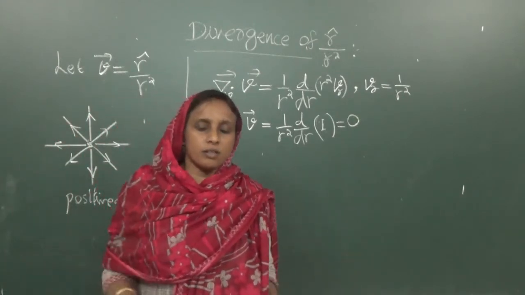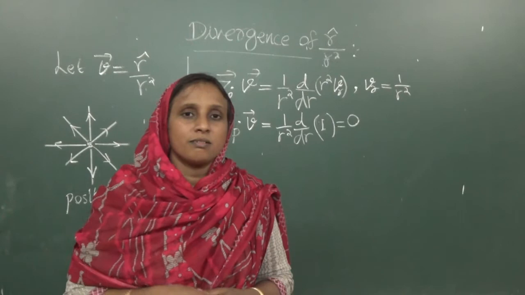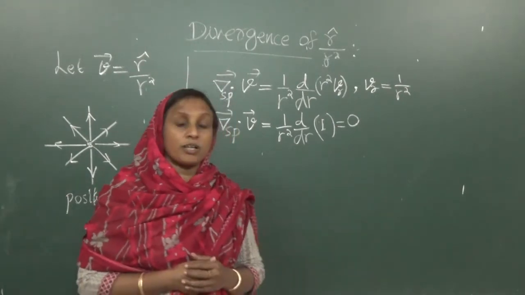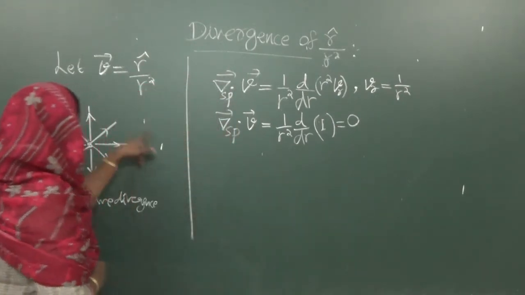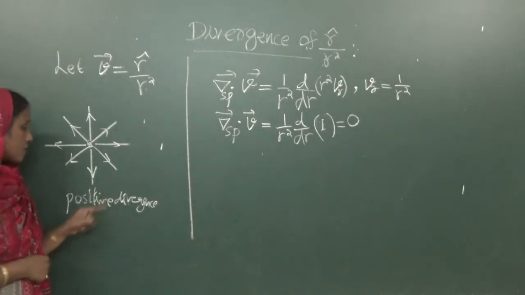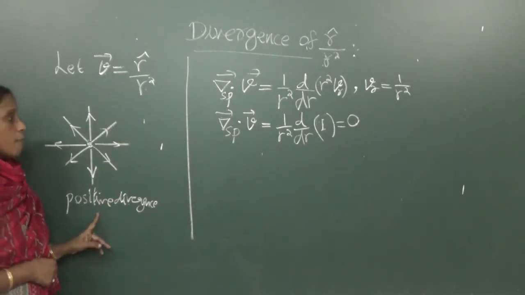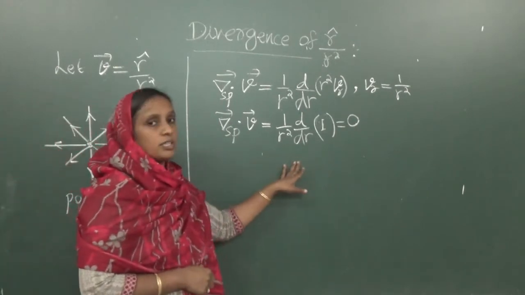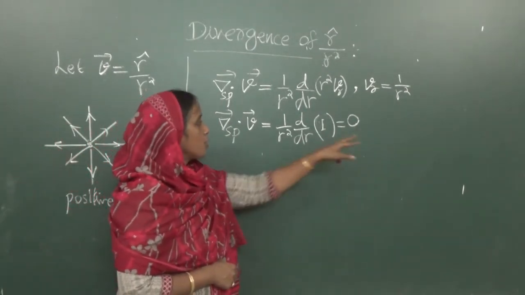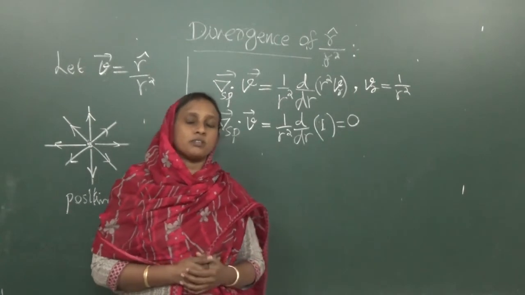Now we are confused. Because from the plot itself we see that its divergence is positive, but if you find the divergence using the expression, you get zero divergence.